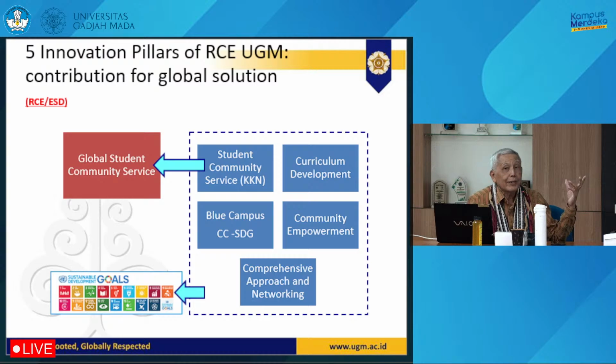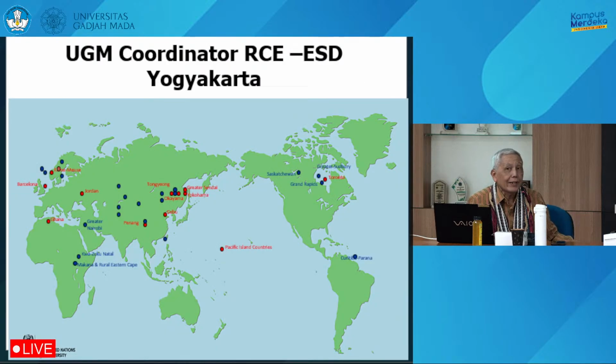This is our networking: Yogyakarta, Gadjah Mada, with friend universities. There are this many universities, of course, now more than this. So many people are happy together in our campus.